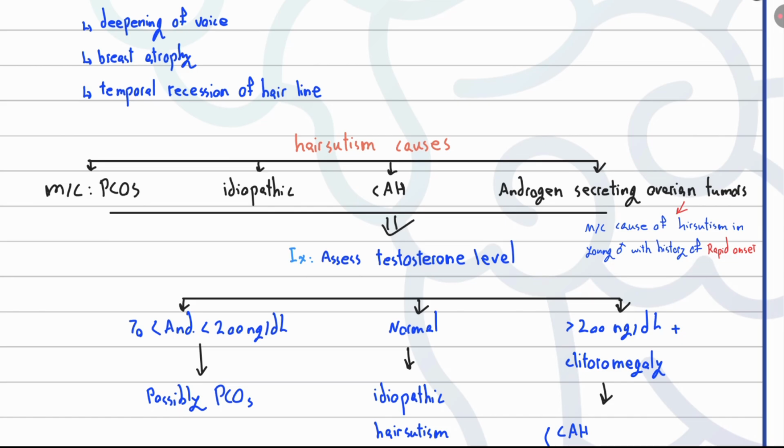Its cells are really active, so they start to secrete more androgens into the bloodstream. And the last one is androgen secreting ovarian tumors. So if you have a female patient with signs of hirsutism, it can have all these causes.